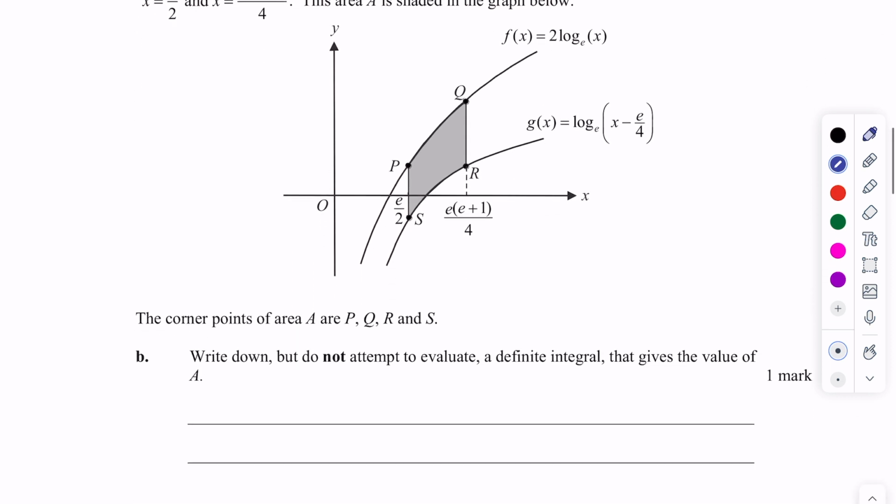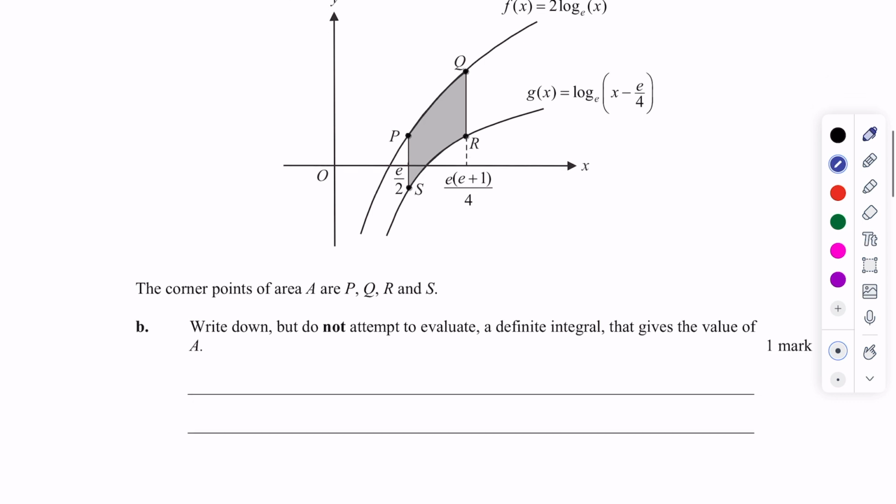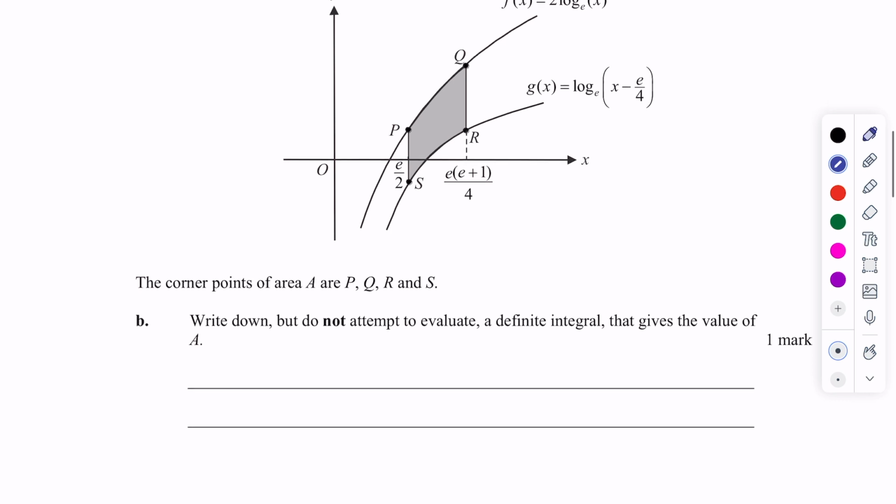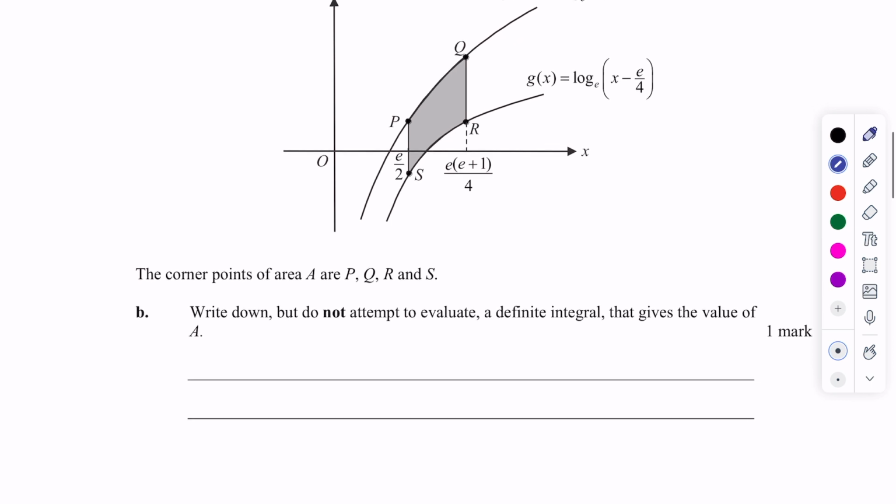Then it says, let the area bounded by the curves y equals f(x) and g(x) and the lines x equals e on 2 and x equals e times (e plus 1) all on 4. This area is shaded in the graph below. The corner points are P, Q, R, S. Write down but do not attempt to evaluate a definite integral that gives the value of the area.